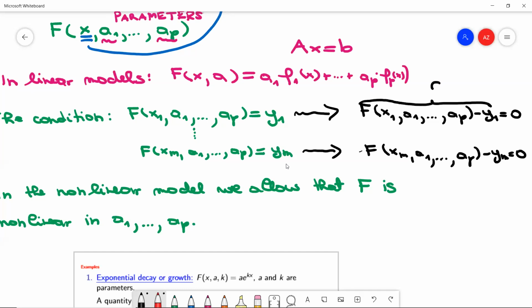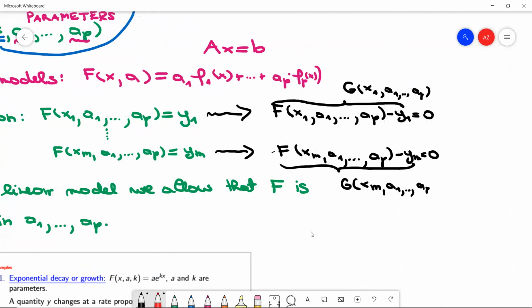So this is our g on x1, a1 up to ap. And this is our g on xm, a1 up to ap. And of course, we also have this ym as a parameter.